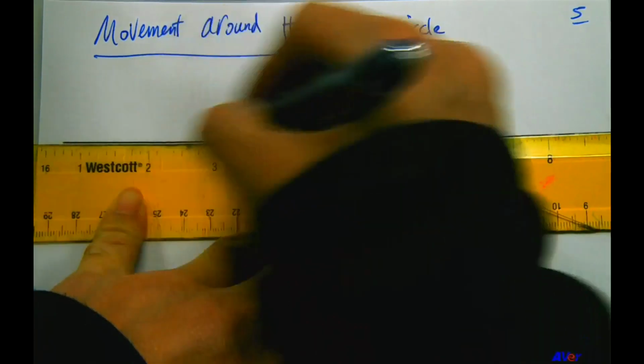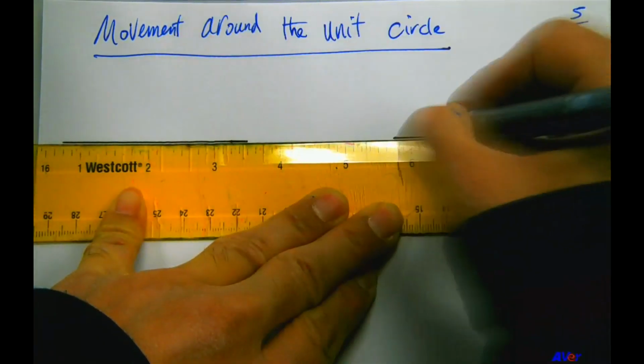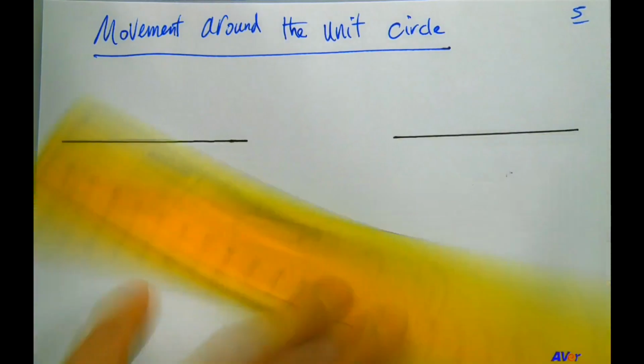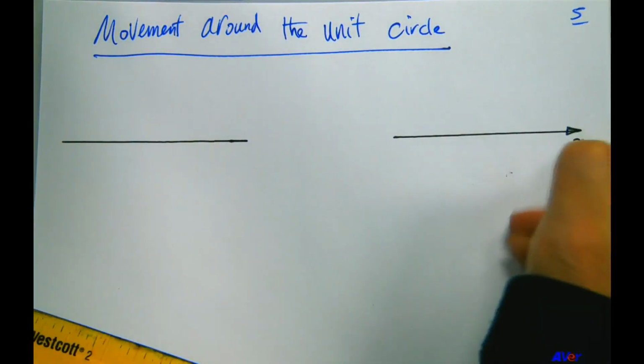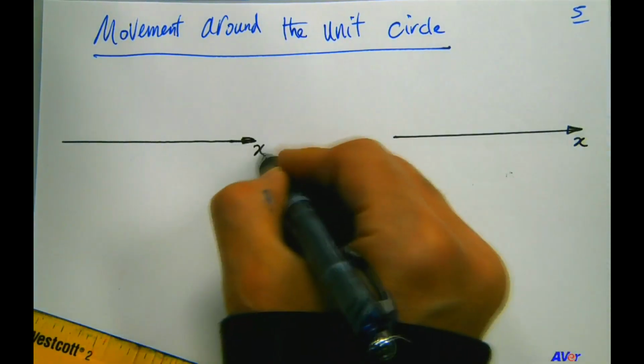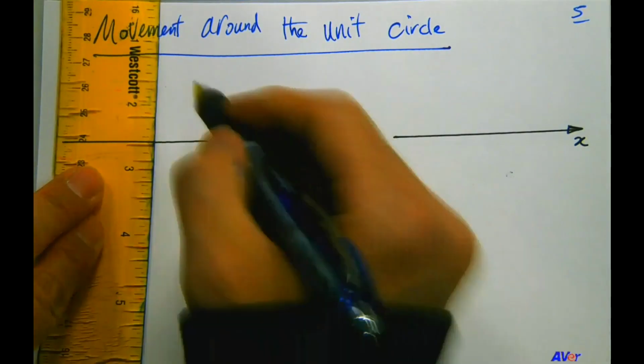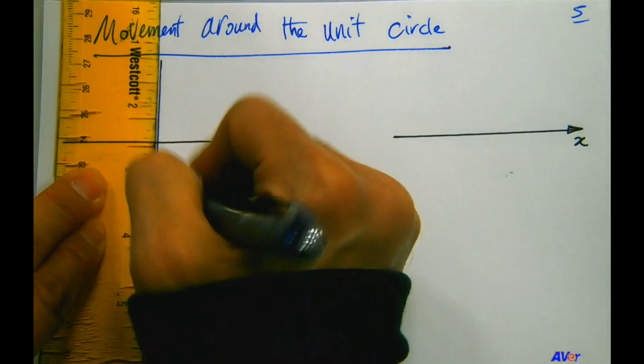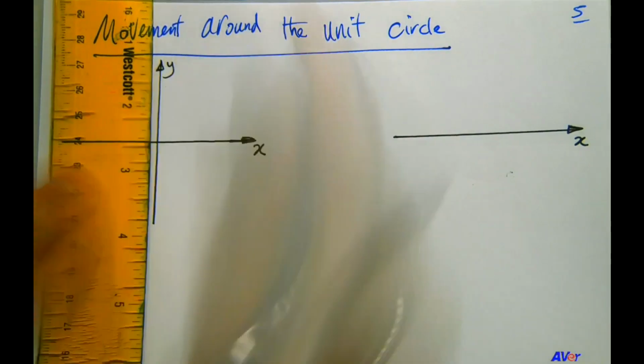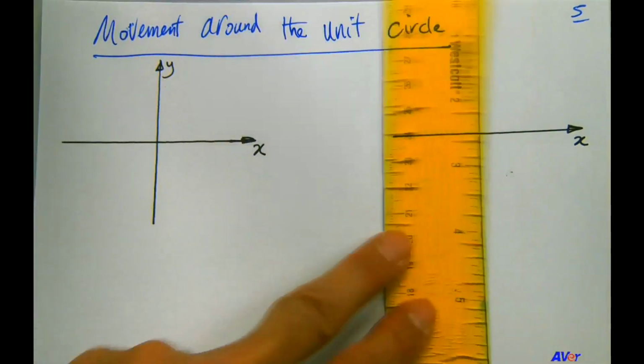Draw one here and another one here. So this will be x, and of course, the y-axis.